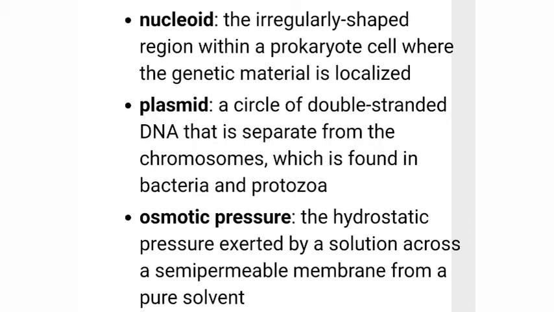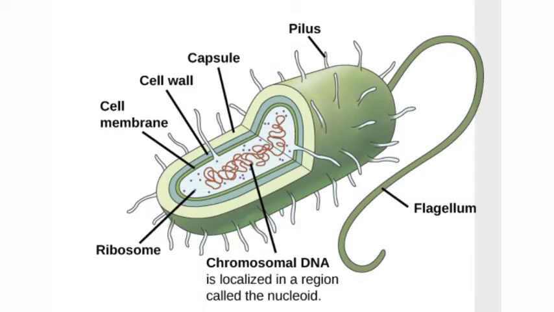Plasmid. Plasmids are extrachromosomal, circular, double-stranded, antibiotic-resistant, self-replicating genetic materials in bacteria. Plasmids are generally found in bacteria and in some protozoa. Let's see the diagrammatic representation of the bacterial cell structure. The very outermost layer is the cell wall, which is made up of peptidoglycan.